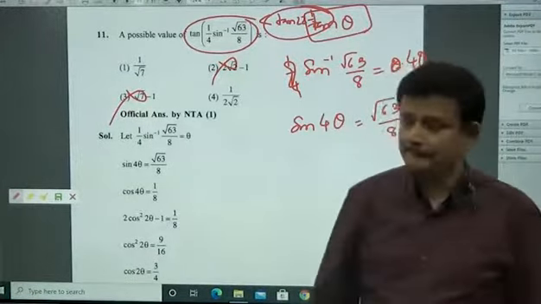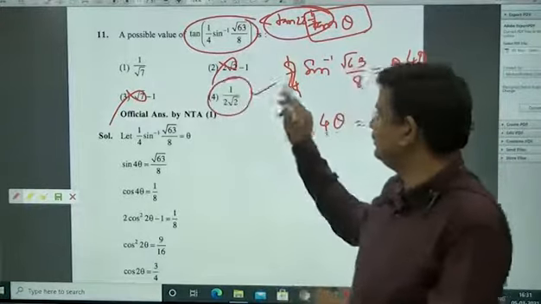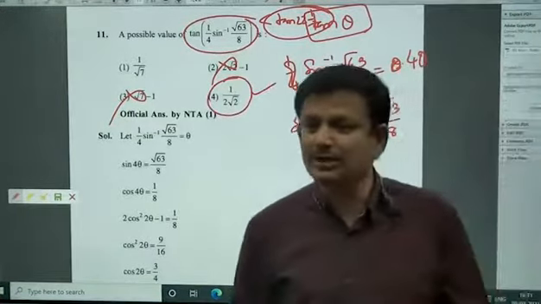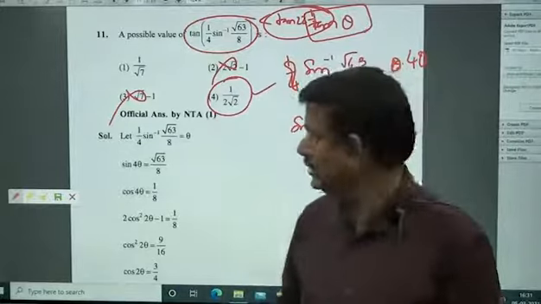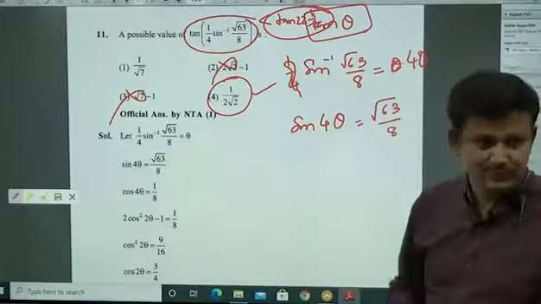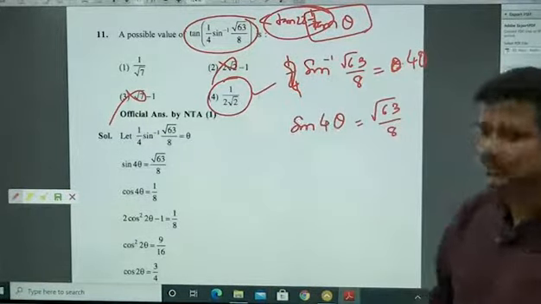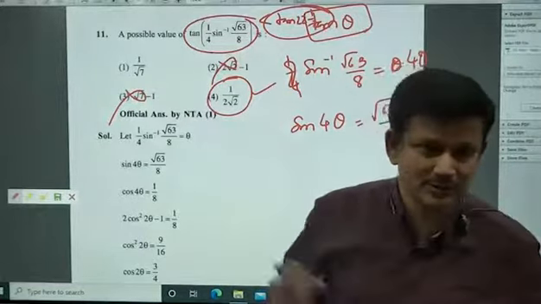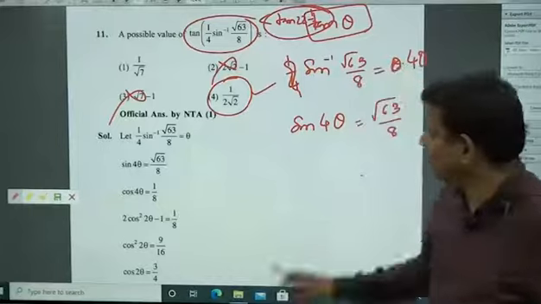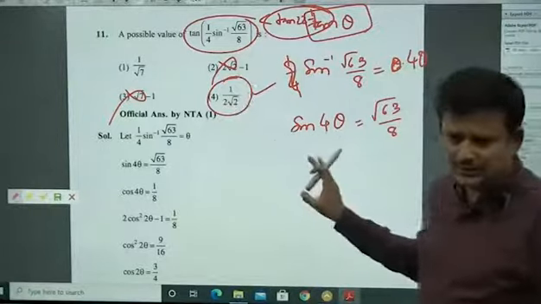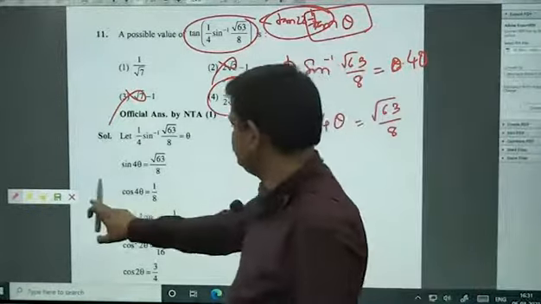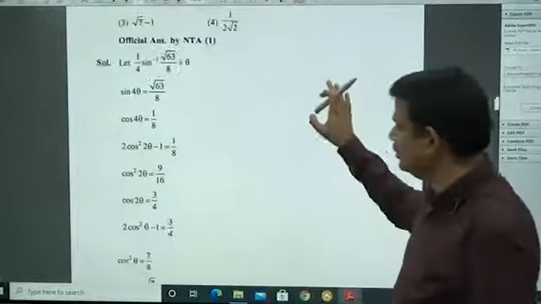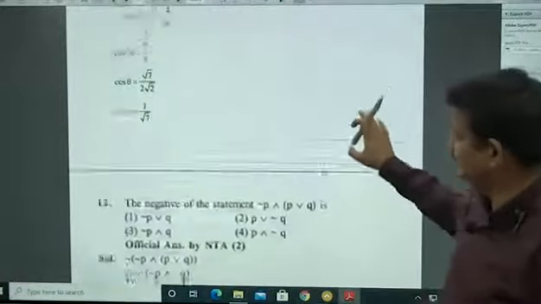Which one do you want to check with? First check with this; 1 by 2 root 2 is a little softer than 1 by root 7. If you are getting this, well and good. Otherwise, here itself you will know whether this is the option or that is the option. You need not even check with 1 by root 7. So two options got eliminated, the third one you can check. Otherwise you will have to do a lot of solving. That is all.